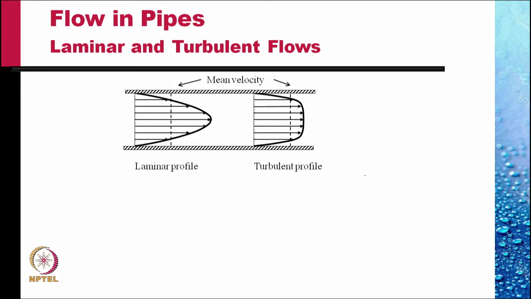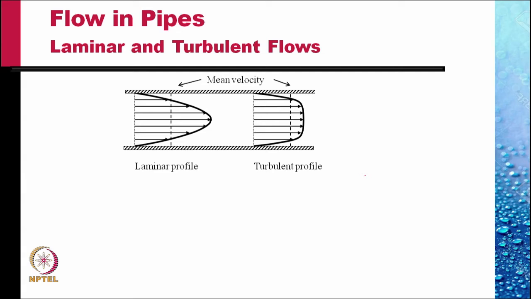This illustrates the difference in the profile of a laminar flow and a turbulent flow. The flow profile in laminar flows is parabolic with mean velocity 1/2 of the maximum velocity, while the velocity profile in turbulent flows is quite flat at the center.